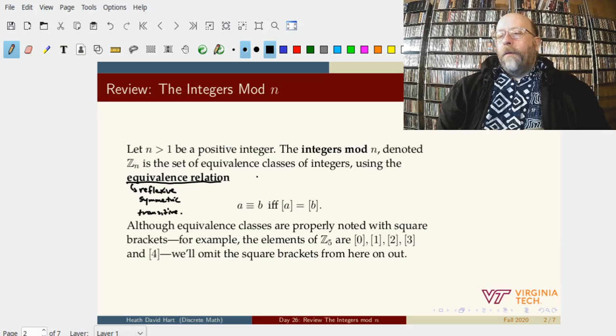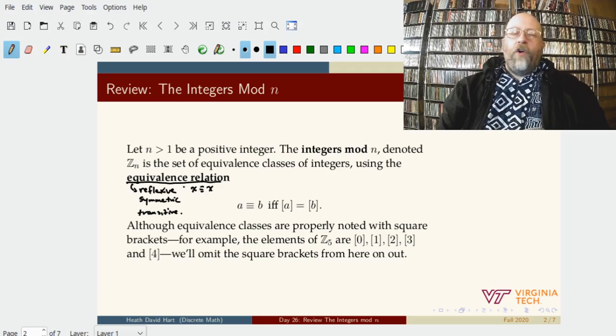Reflexive operates on a single element: x is always congruent to itself, since x minus x is equal to 0, and n always divides 0 because 0 is equal to n times 0.